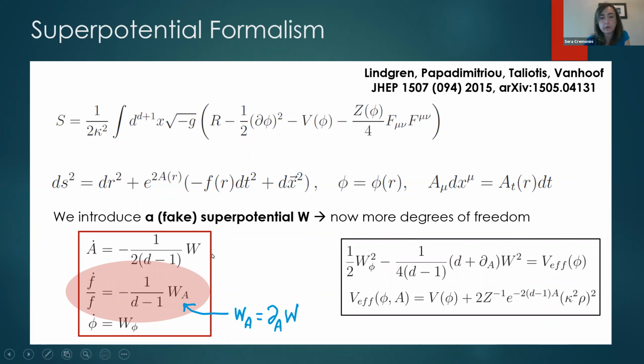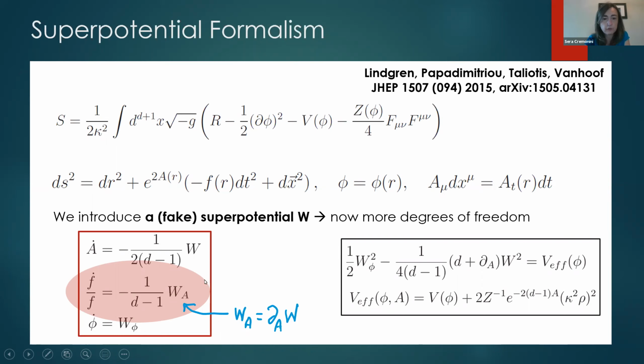So what you need in order to convert Einstein's equations into first-order equations is an additional condition on the superpotential. In particular, its derivative with respect to the scale factor needs to be equal to some combination of f dot and f. And finally, this is the same condition that you had previously in the relativistic case.